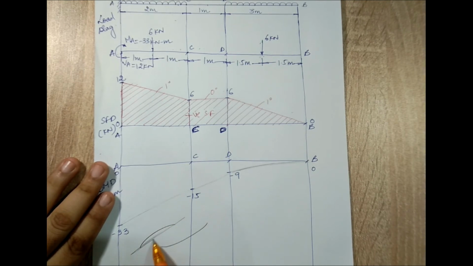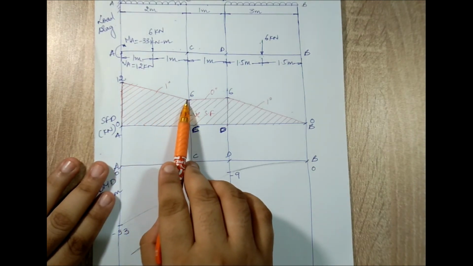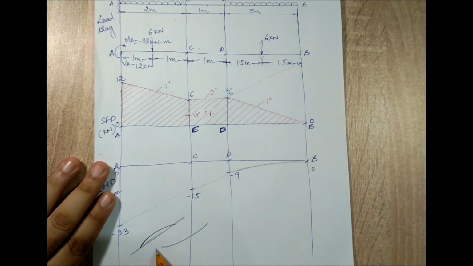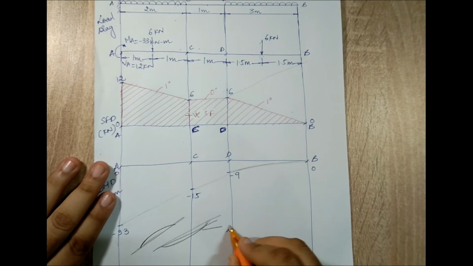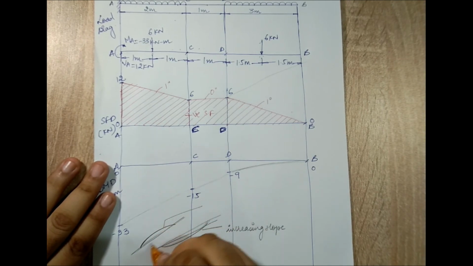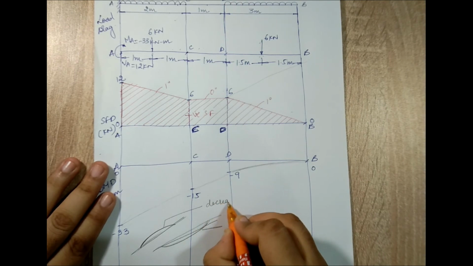That is, for a straight line, the curve should go above the line when you see a decreasing value for SFD. If you see an increasing value of this sort, then you can draw the line below the curve. So just remember this way, that below the line curve is used for increasing slope, and any curve drawn above the line will always indicate decreasing slope.